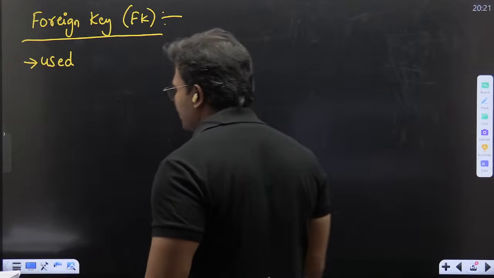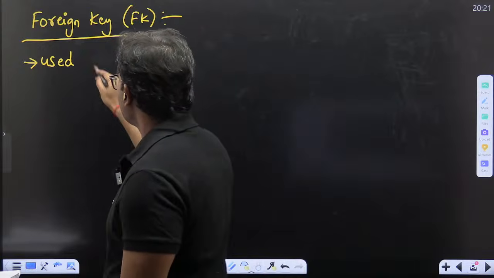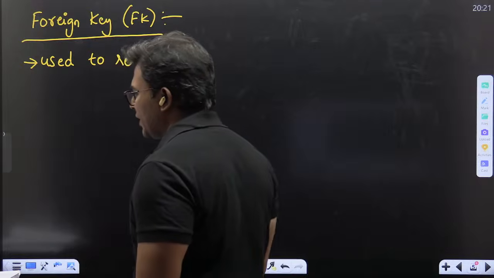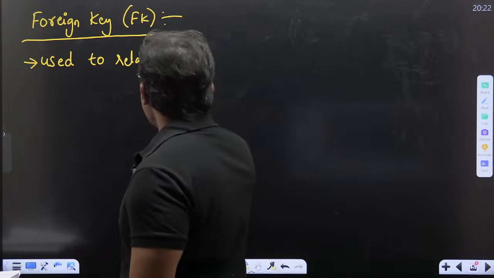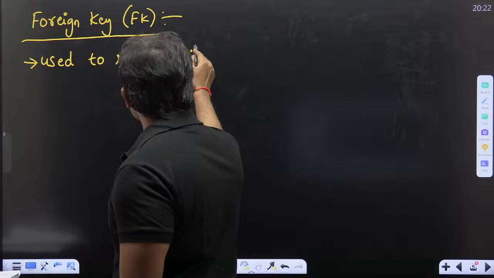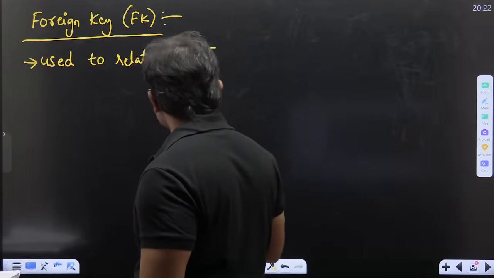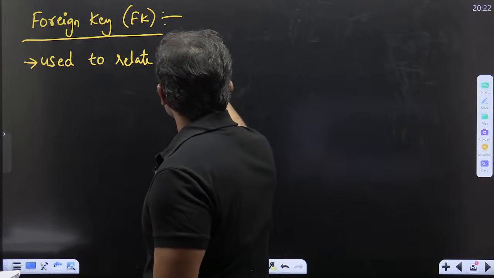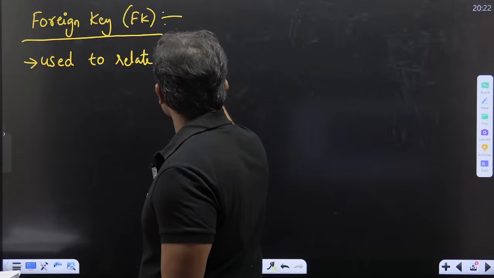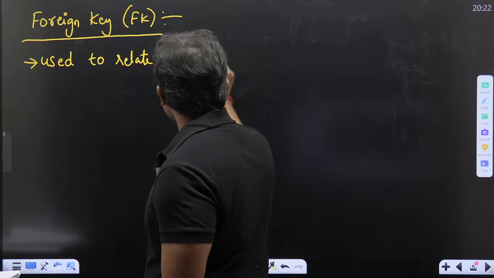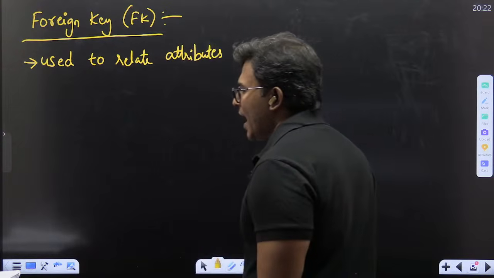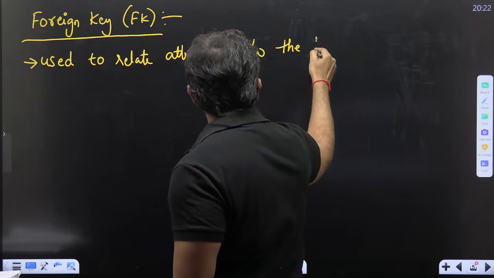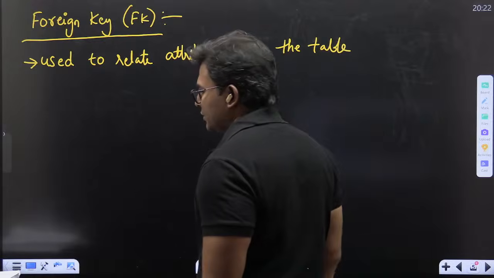Write them as they are. Foreign key is used to relate attributes between the tables.